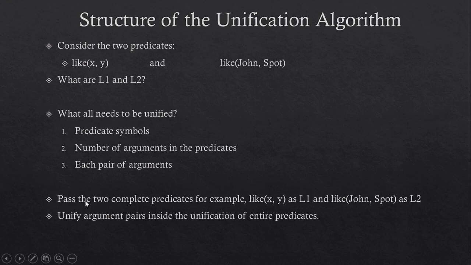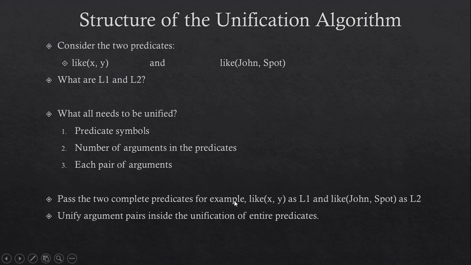The two complete predicates are compared or unified to get one predicate symbol and two number of arguments in the predicates. And inside the two predicates, each argument pair needs to be compared or unified. We need to compare argument pairs inside the comparison of two entire predicates. We need to unify argument pairs inside the unification of the entire predicates.